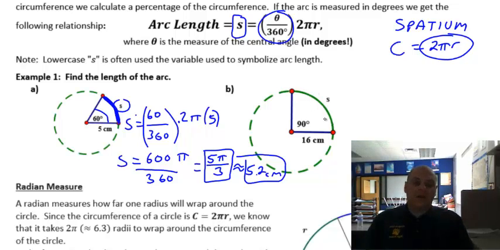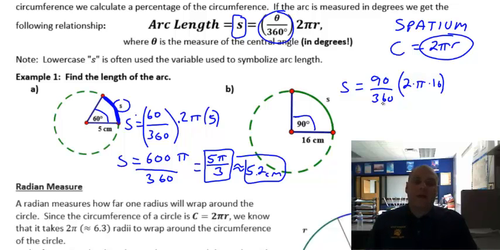Here's another one. This time I have a 90-degree central angle, and so obviously I have a longer arc. So again, s equals 90 out of 360. I'm going to calculate this one a different way: 2 times pi times 16.